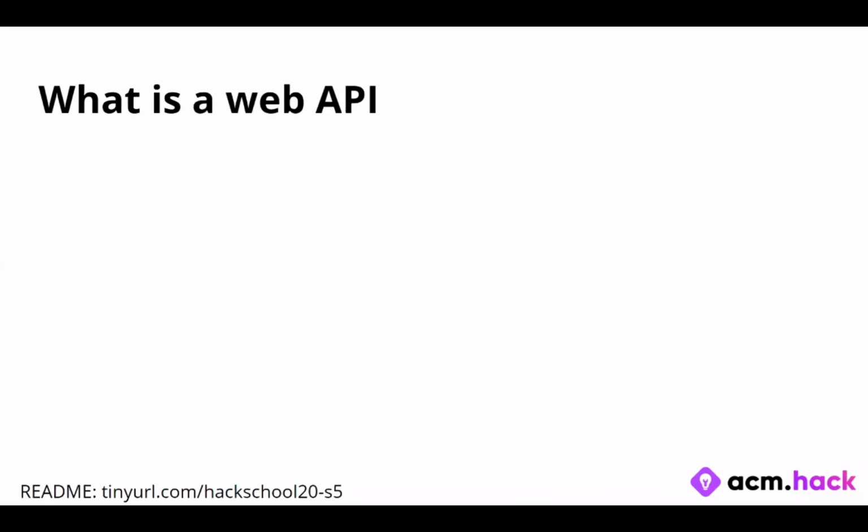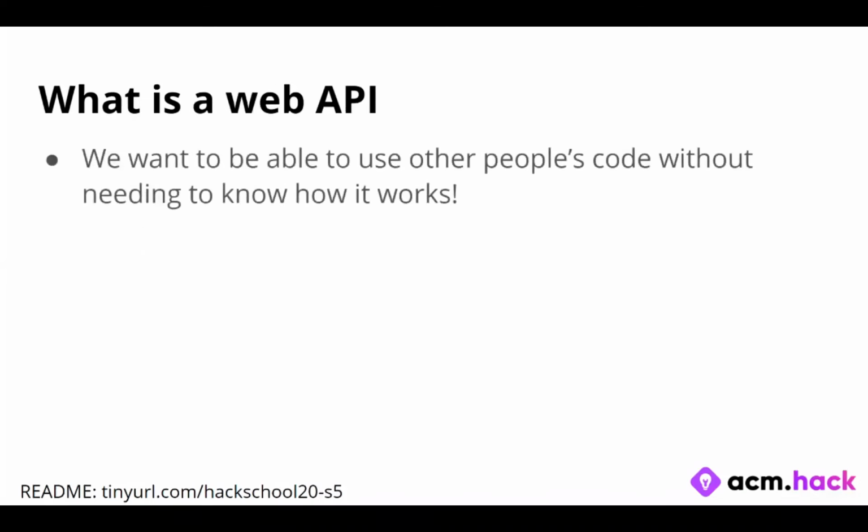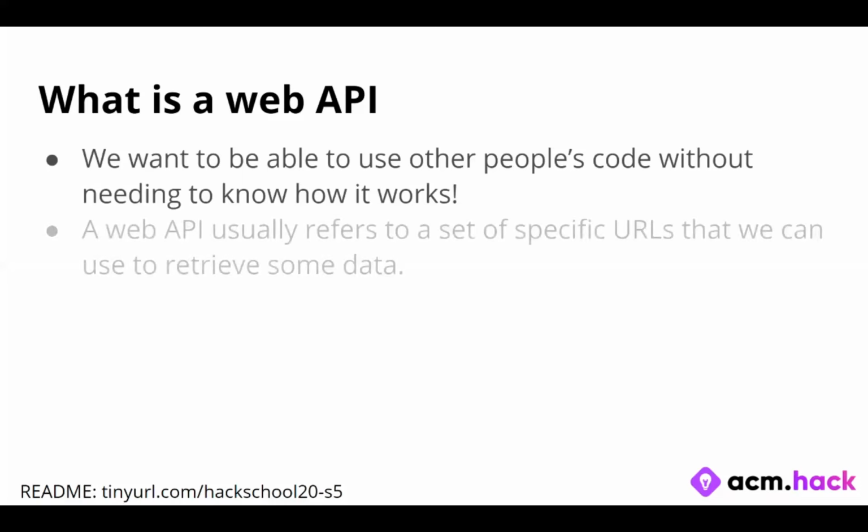So in a web API, we want to be able to use other people's code without needing to know how it works. We don't need to know how you wrote your code. I just want to use it. A web API usually refers to a set of specific URLs that we can use to retrieve some data.